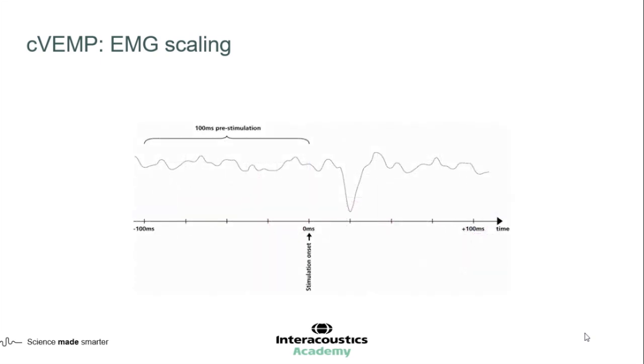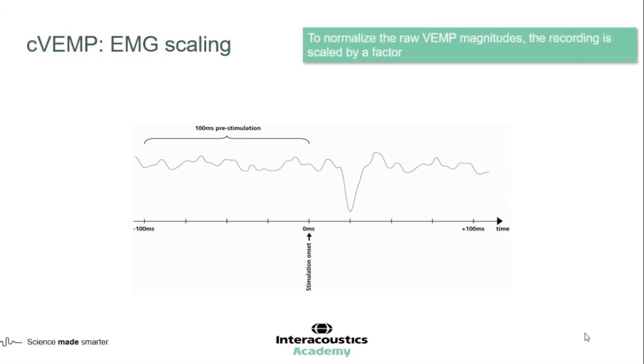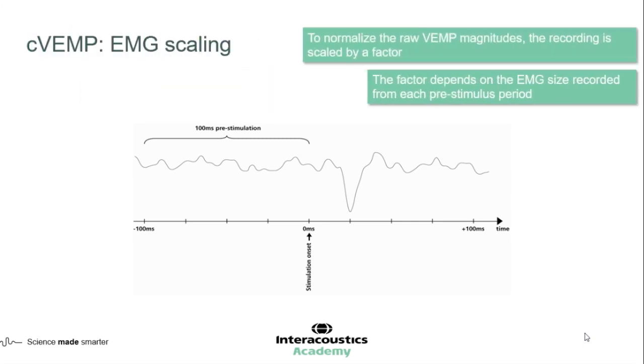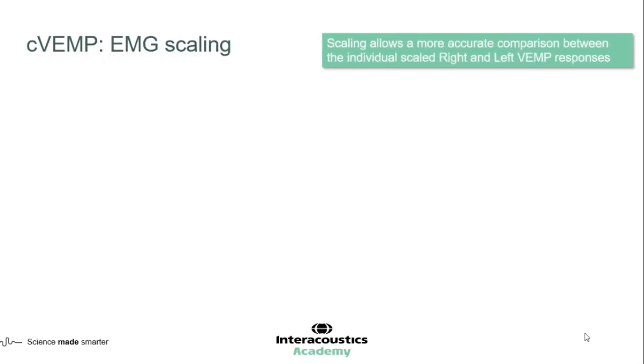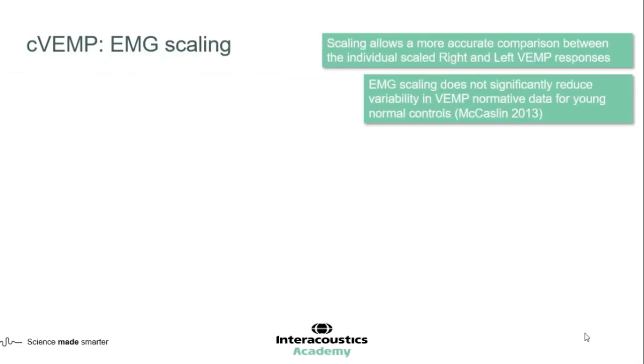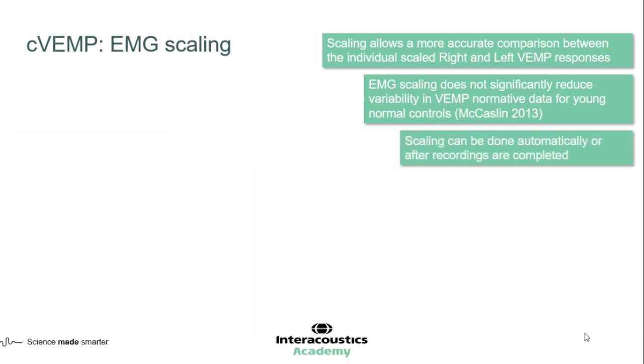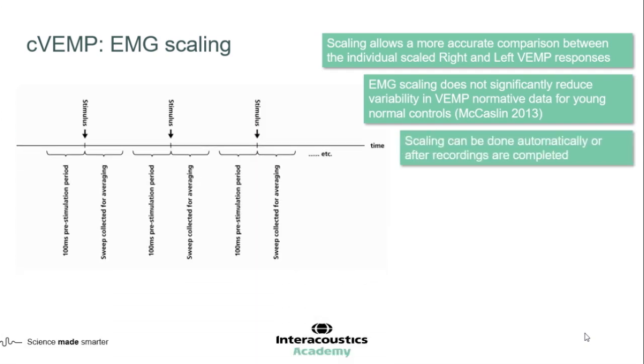To do that, what we basically do is take a pre-stimulation measurement of the EMG, present the stimulus, and then check the EMG again prior to the next stimulus, and do that throughout the recording, so we can have an average EMG recording over the course of the assessment. And there's an example of how that would be represented.